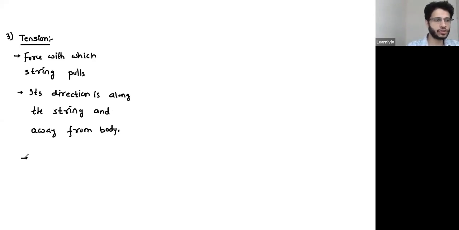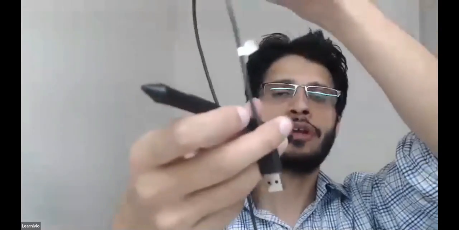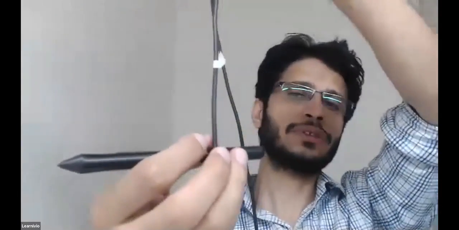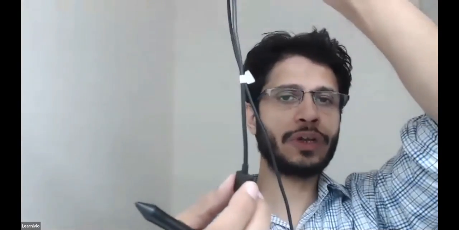Like if I take this string and connect a mass with this string, the force with which this string pulls this mass is known as tension.